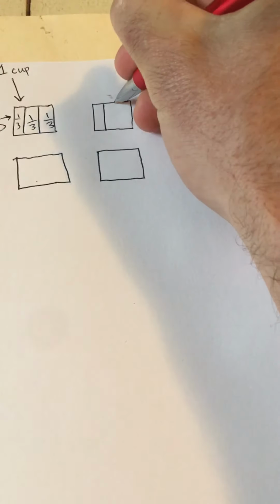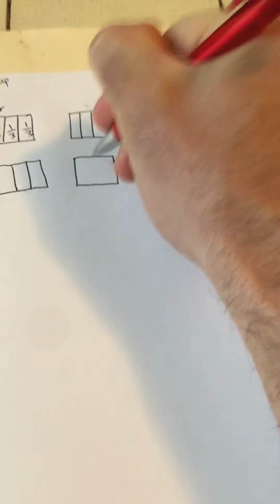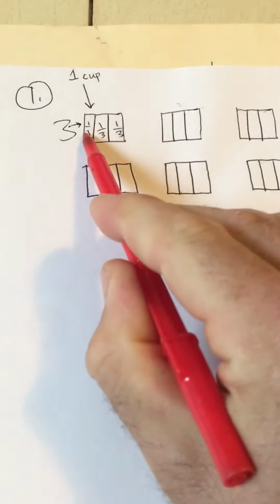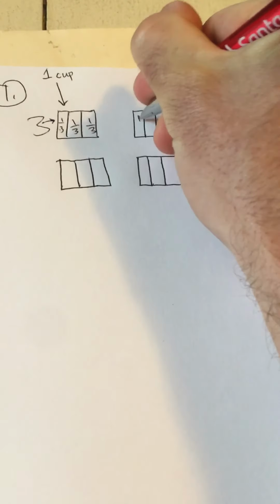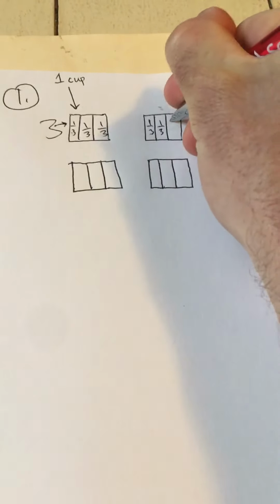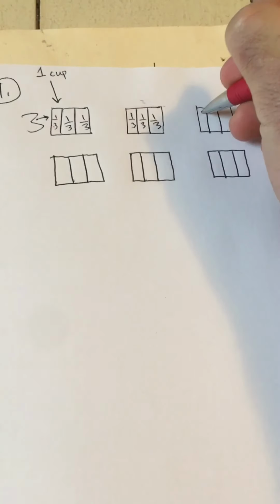All right, we make thirds here and thirds here. Each cup we're going to break into 1/3 cup servings. Okay, so each one has one. So if you count up all the 1/3s, each one of these is 1/3 of a cup. I could label every single one of these as 1/3 of a cup.